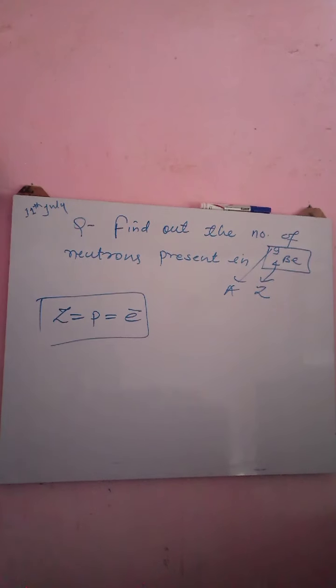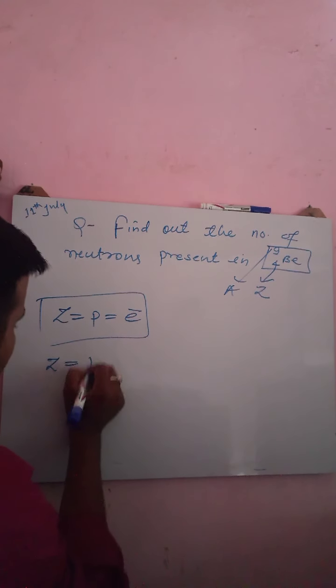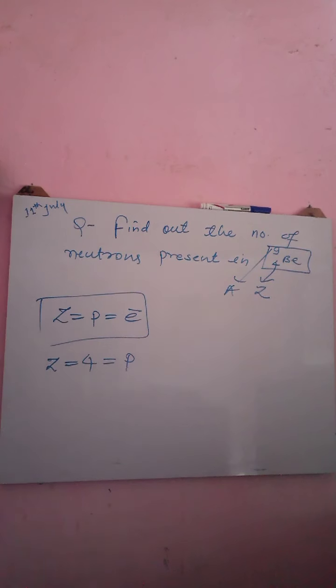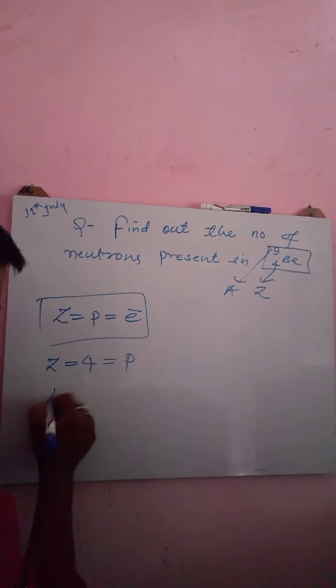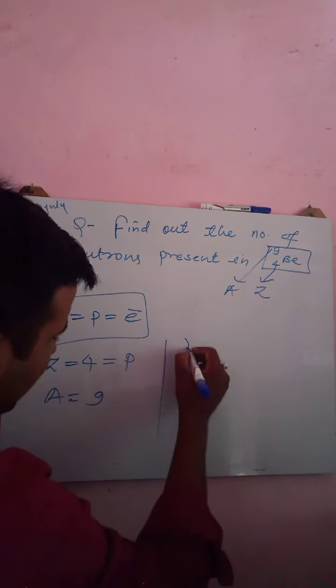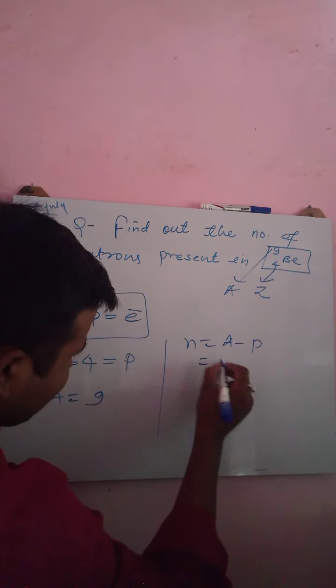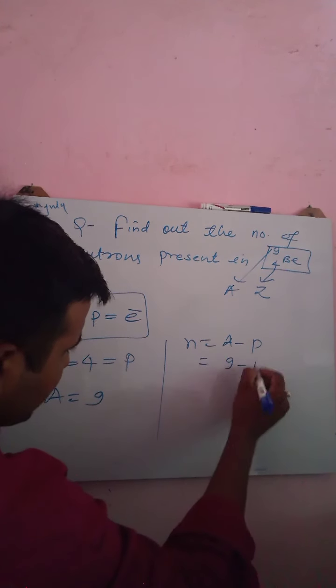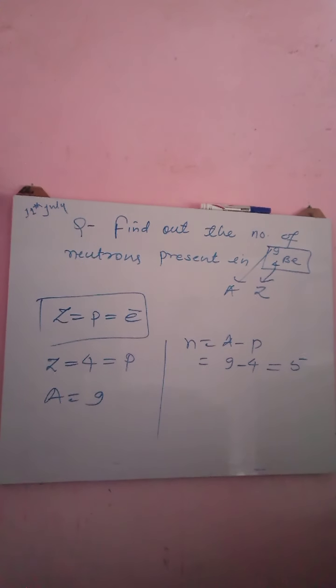The atom is neutral here, so if Z is 4, P is also 4. A is given as 9. Using A is equal to P plus N, N is equal to A minus P, which is 9 minus 4, so N is 5. Number of neutrons in 4 beryllium 9 is 5. Clear?